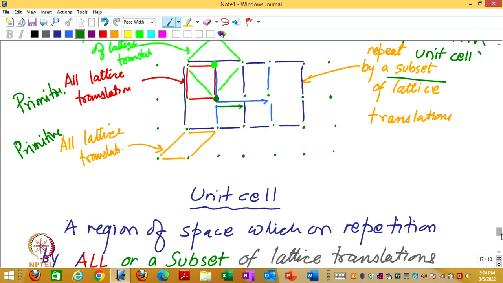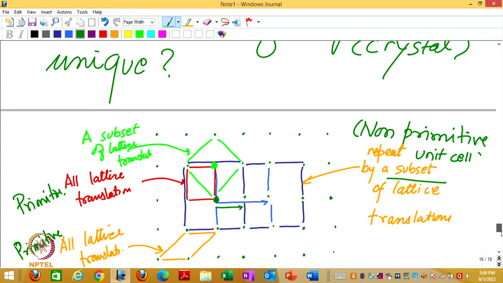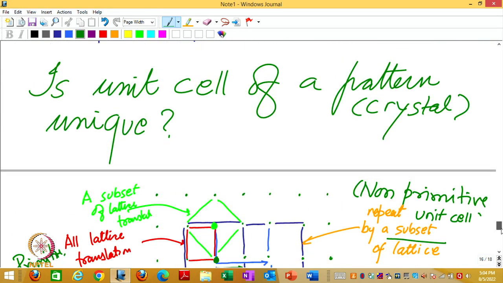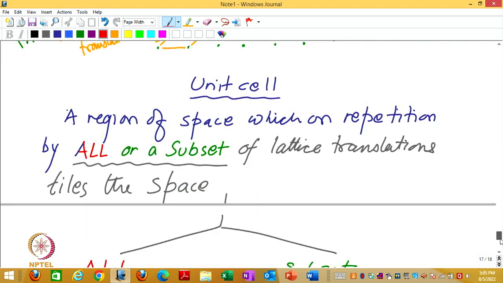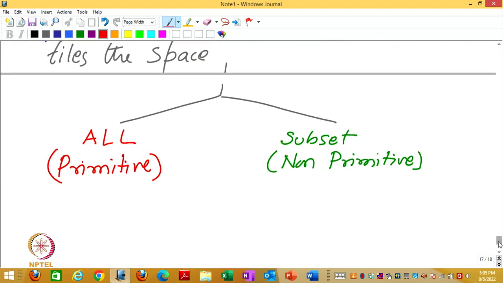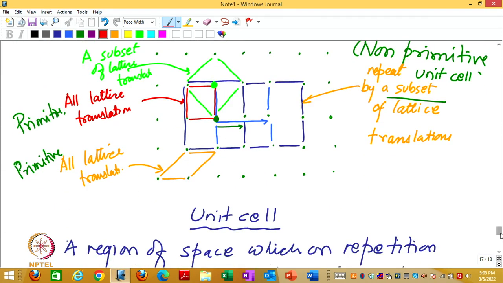In fact, what to talk of non-uniqueness, the answer to this is no, of course. Not only is it not unique, there are infinite. It only depends upon your imagination. It all depends upon how crooked your imagination is.